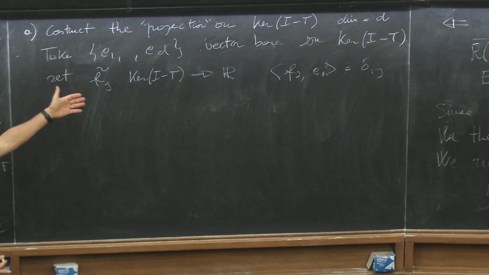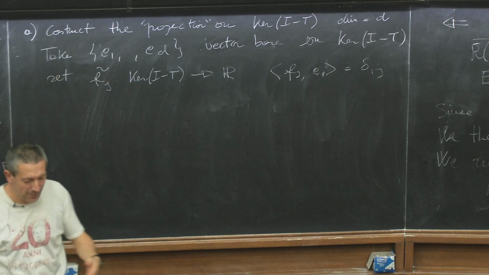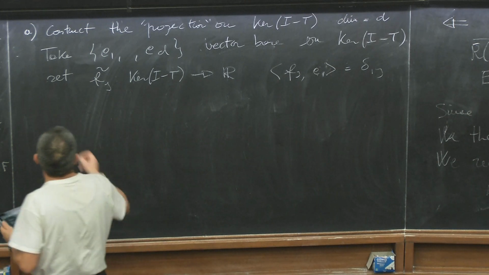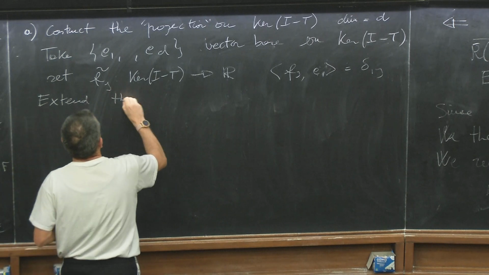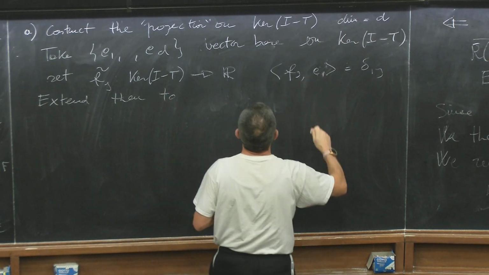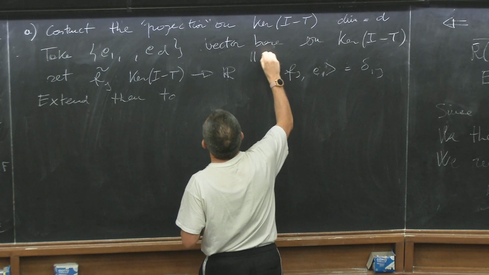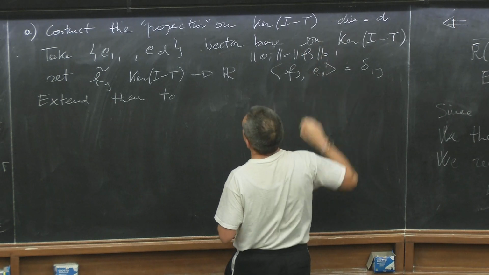I don't have anything. Can be really the scalar product. And it is orthogonal in any notion I want. Then extend them to, okay, the norm of this guy I can put equal to 1. So I can say norm of ei equal to norm of fj equal to 1.